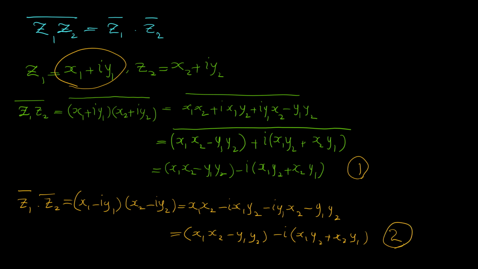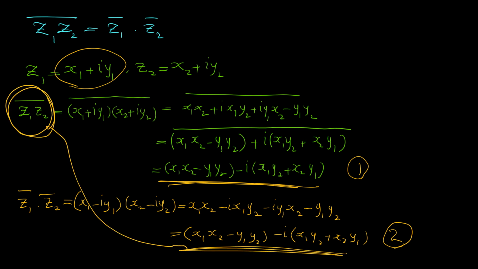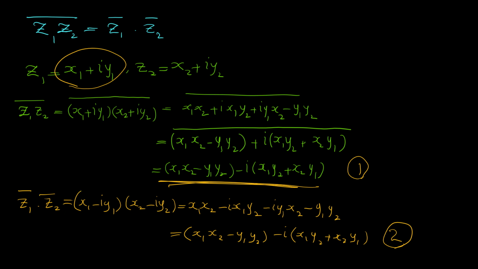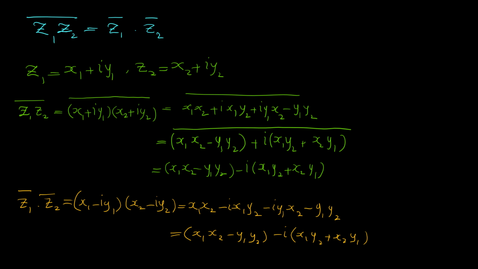As you can see, this expression is exactly this expression. So this shows that the conjugate of z1 z2 is always equal to the conjugate of z1 times the conjugate of z2. And this completes the proof of this part of the question.